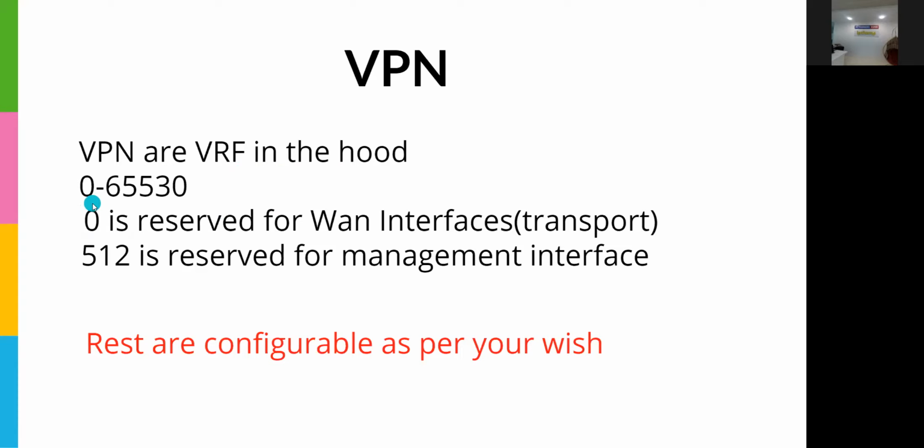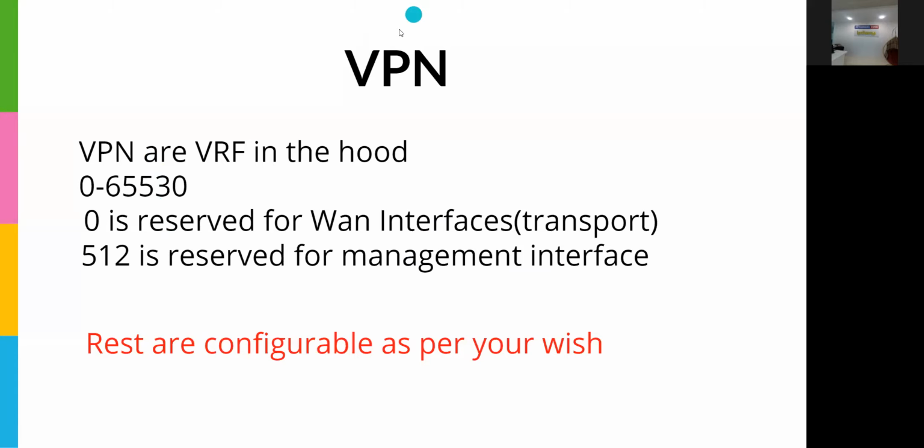The numbers range from 0 to 65,530. 0 is reserved for WAN interfaces for the transport, and 512 is reserved for the management interface. The rest of them are all configurable as per your wish. 0 is also known as transport, and 512 is for management purposes, and then you can configure the rest of it.